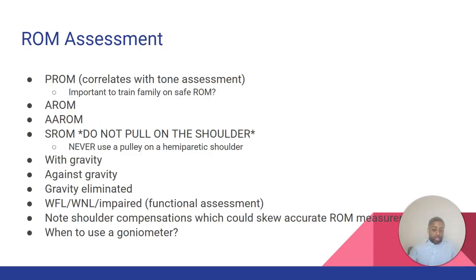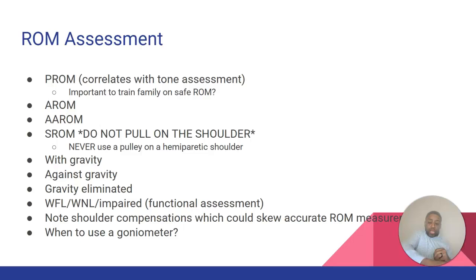When you do range of motion assessment, make sure that, of course, the person is not compensating. So, for instance, if you're doing shoulder flexion assessment and you're so focused on administering the goniometer that you don't notice what's happening at the top of the shoulder, a lot of times people compensate for deltoid weakness by engaging the upper trapezius muscle, meaning that they shrug the shoulder to lift the arm up, right?